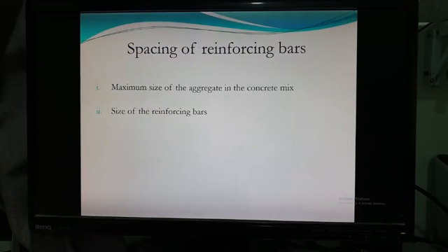The larger the size of the aggregate, the further the reinforcement bars need to be apart. If you are using smaller aggregates, then your bars can be a lot nearer to each other. And of course, the size of the reinforcement bars. If you have very large diameter reinforcement bars, you can't afford to put them too close to each other.